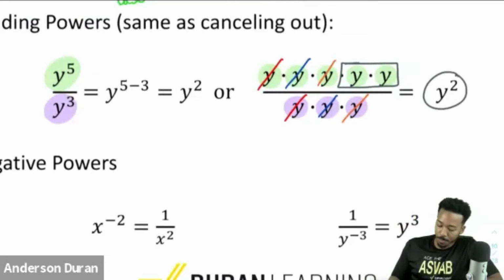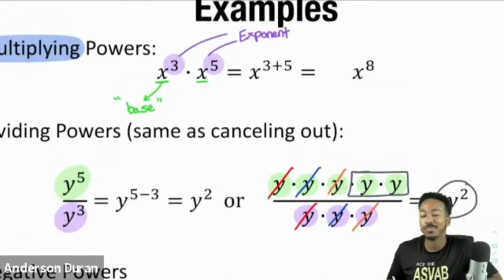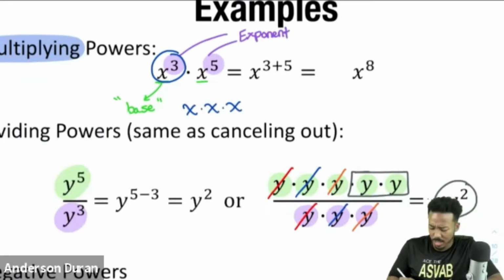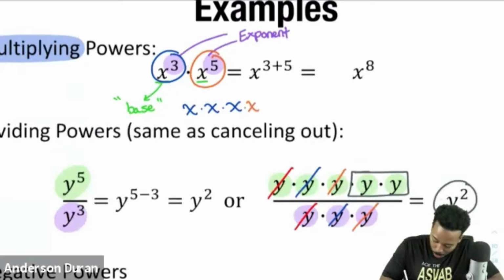And so why is that the same thing when it comes to multiplying powers? Well, it's for the same reason, everybody. Because when you're looking at x to the power of 3, that's like saying 3 x's multiplied together. And on the flip side, x to the power of 5 means you have 5 x's multiplied together.